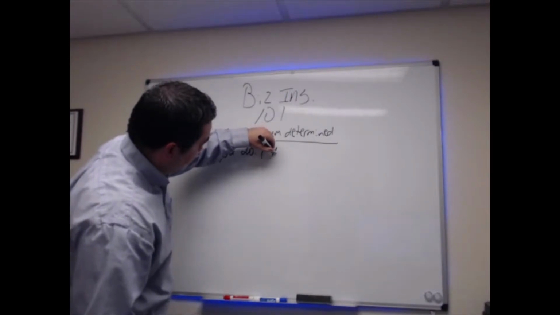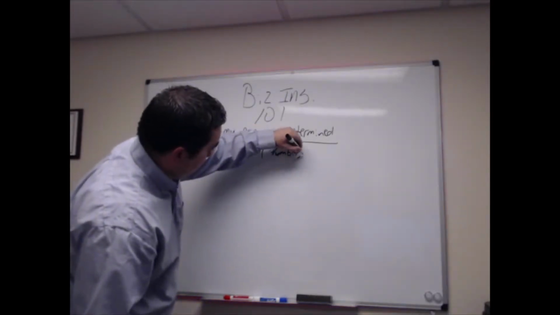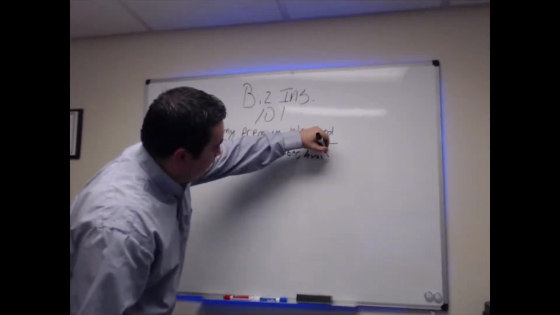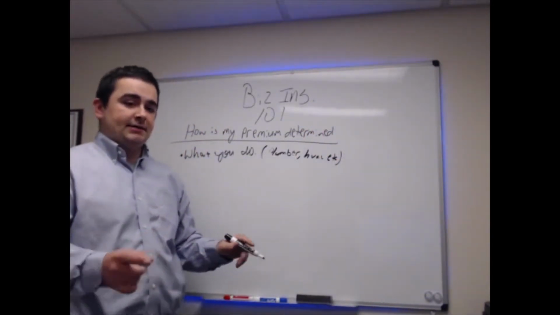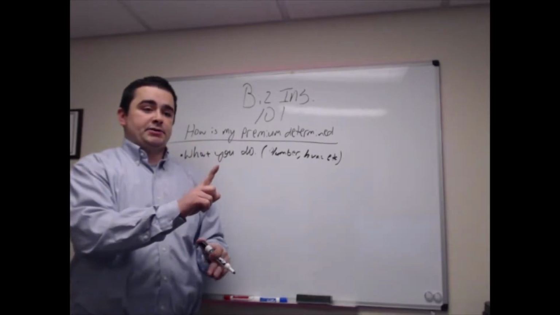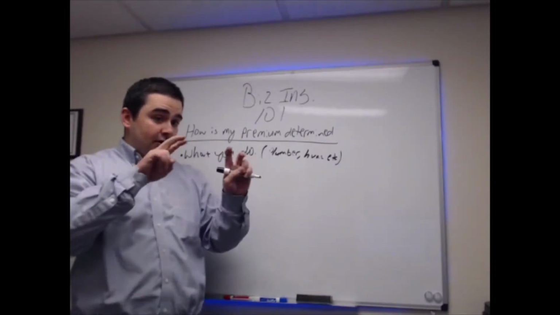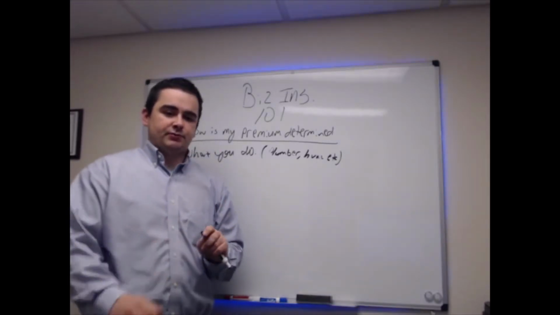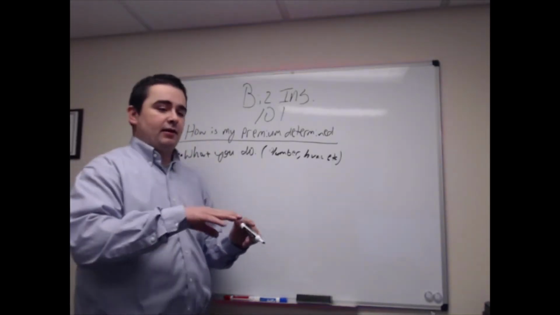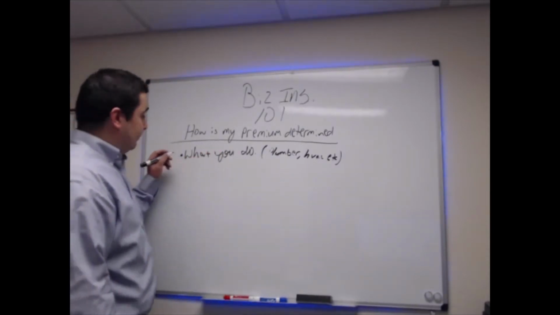So plumber, HVAC, etc. Whatever you do, that's going to be the main thing that your insurance is based off of. There are class codes that professions are broken down into for the insurance world, and they're rated based off of that class code. So what you do is the number one thing.